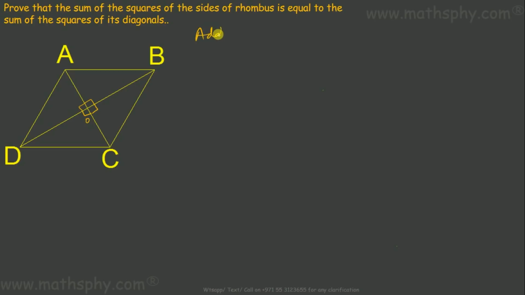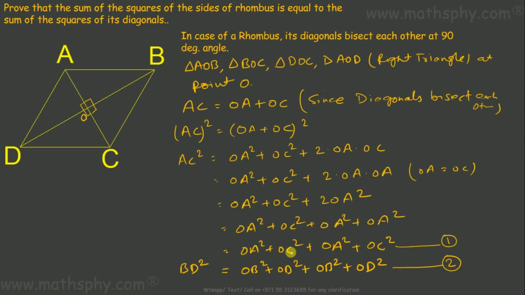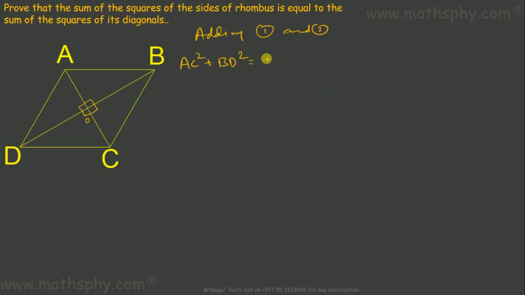Adding 1 and 2, that will give me AC square plus BD square equals to OA square plus OC square plus OA square plus OC square plus OB square plus OD square plus OB square plus OD square. 1, 2, 3, 4, 5, 6, 7, 8. 8 components, and AC square plus BD square.